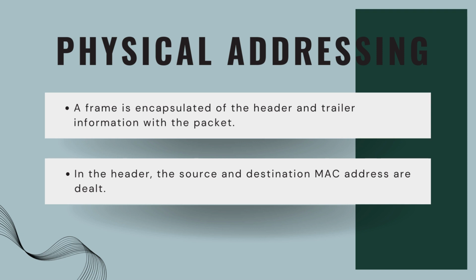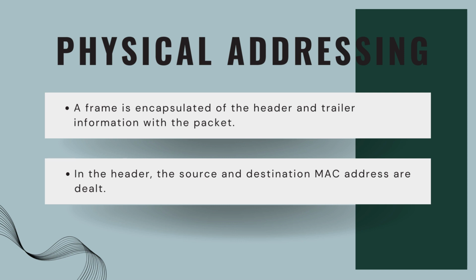The MAC address is a unique identifier assigned to each device connected to the network. It serves as a way to differentiate one device from another and helps ensure the data is sent to the intended recipient. The source MAC address identifies the device that is transmitting the data, while the destination MAC address identifies the device that the data is being sent to.